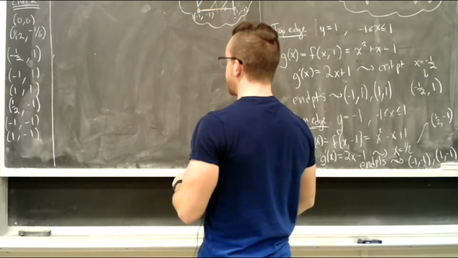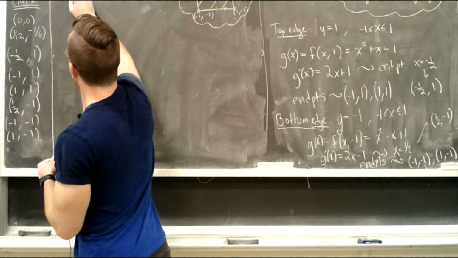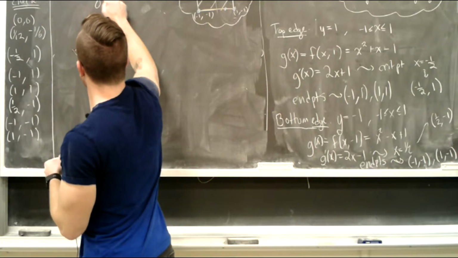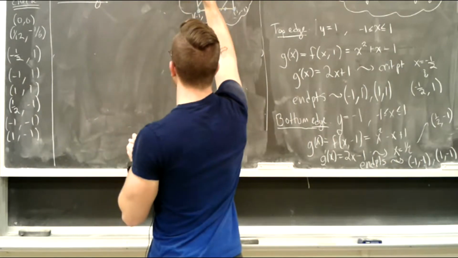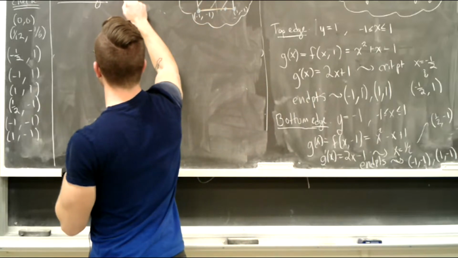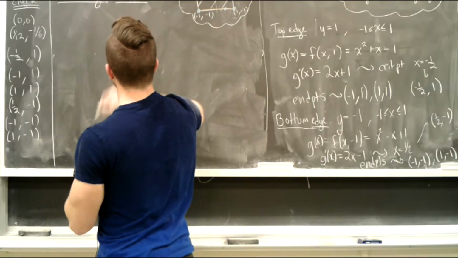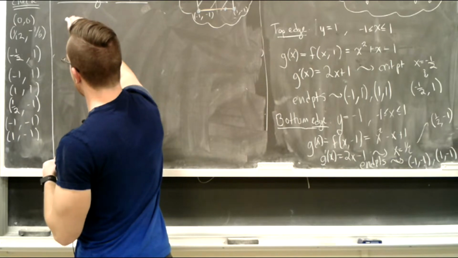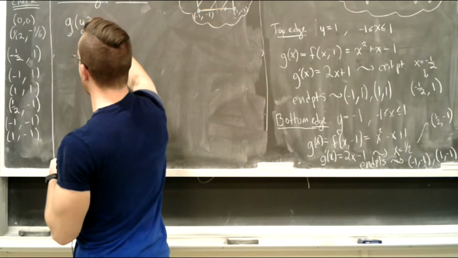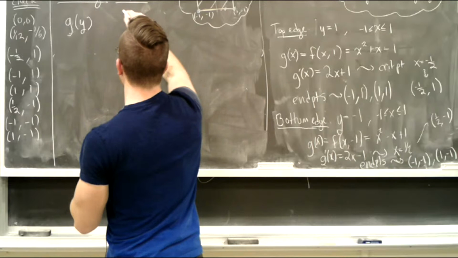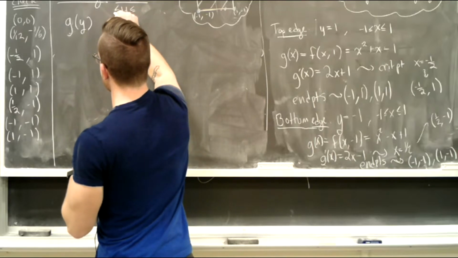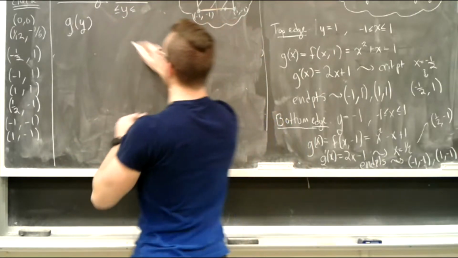So let me do the left edge. This is given by the equation x equals -1. The boundary function is now going to be in terms of y. The y values are restricted from -1 to 1.